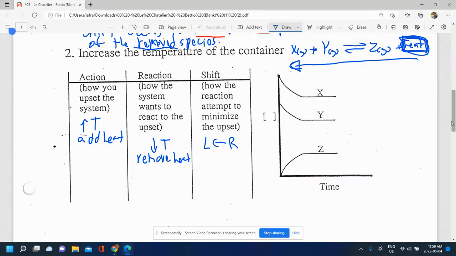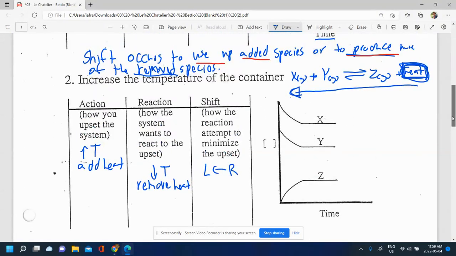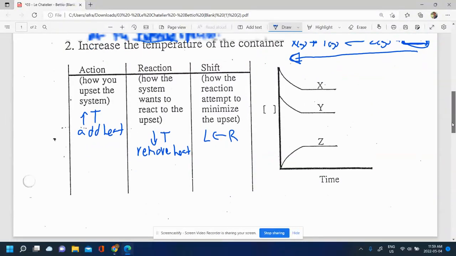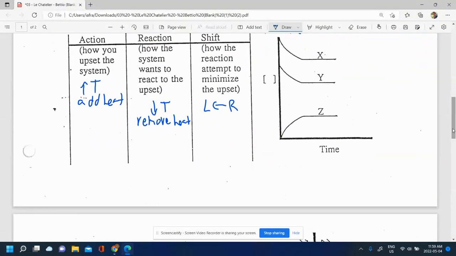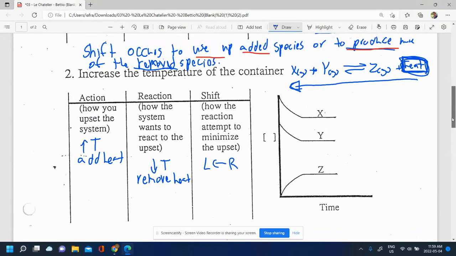So how the system is affected depends on what type of reaction you have. So here, when we increase the temperature for an exothermic reaction, we had to shift towards the left side to reduce the heat that was added. However, suppose we reduce the temperature, we remove heat.